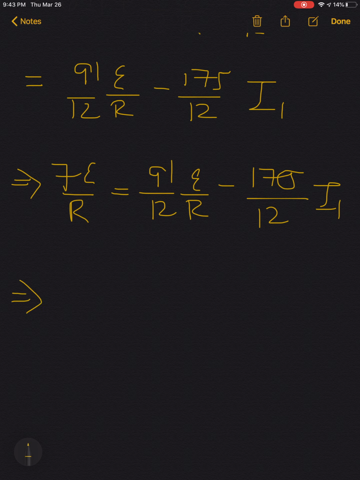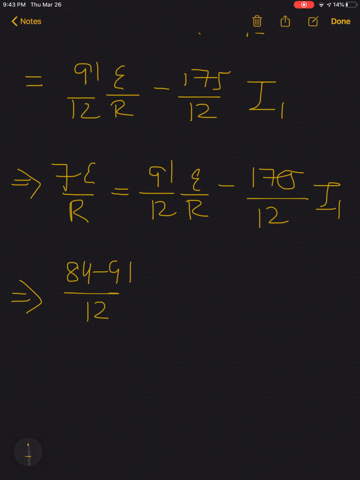I could subtract over this 91 twelfths to the other side. And when I do that, I get 84 minus 91 twelfths.